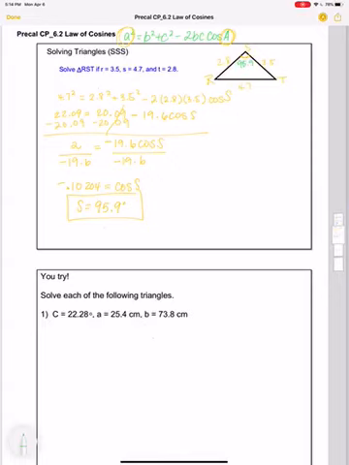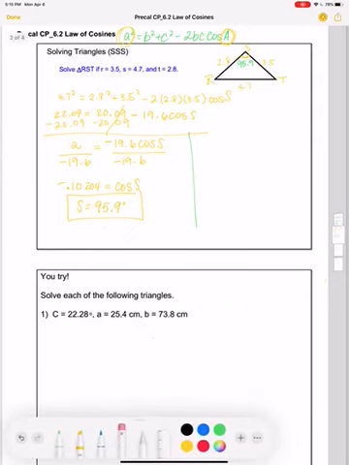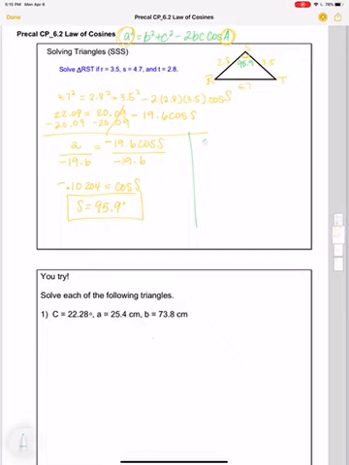So then I can find any of the other angles just by using the law of sines. So I can do sine of 95.9 over 4.7 equals sine of, let's say, R over 3.5.